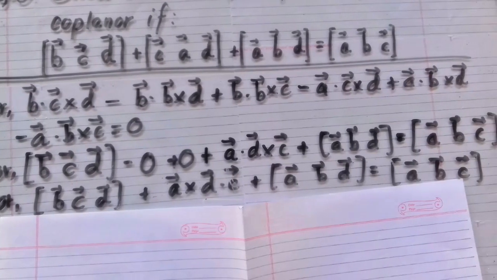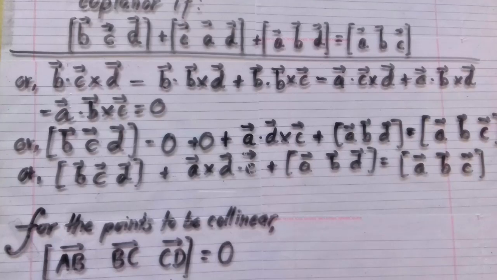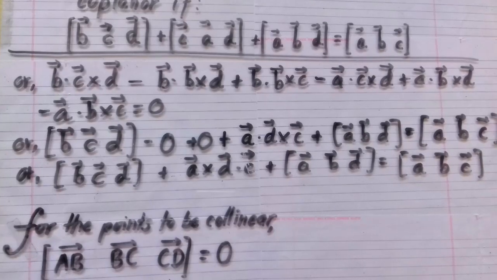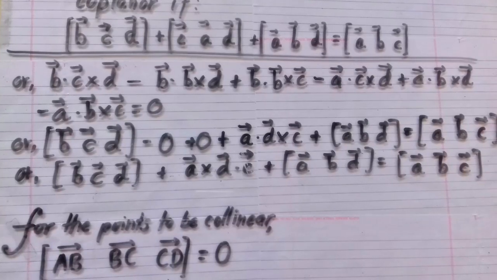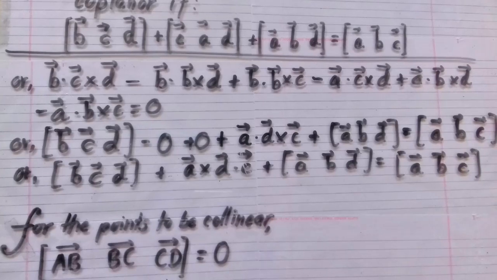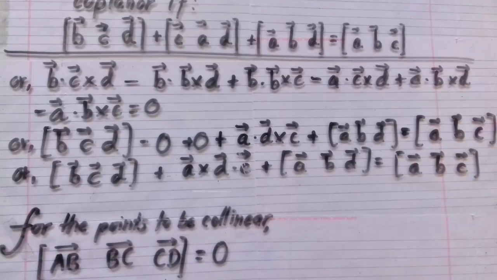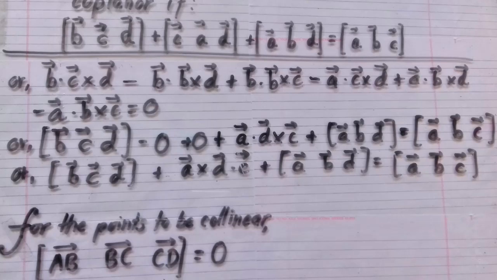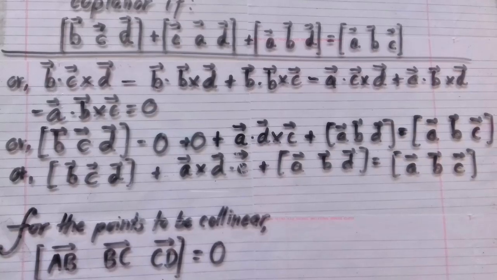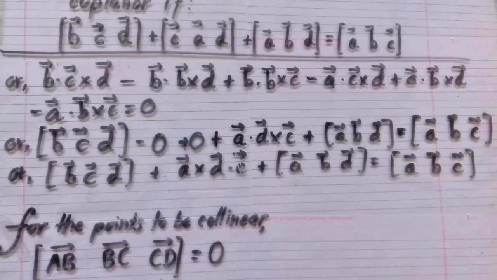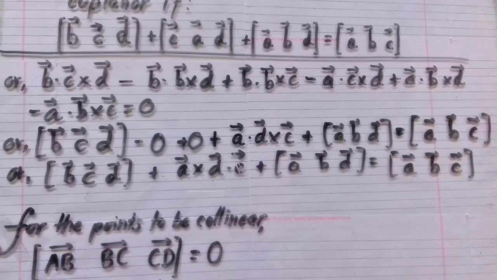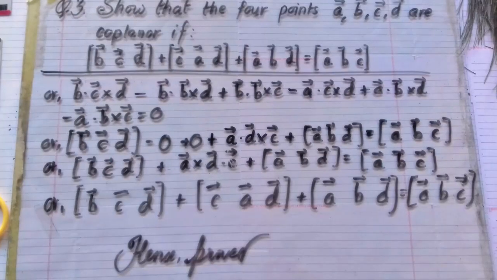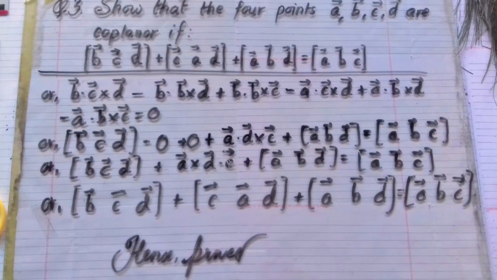So writing the remaining terms, in the previous step, minus A dot C cross D was converted to positive scalar triple product of A, D and C order, and it is possible after we interchange the dot product and cross product.